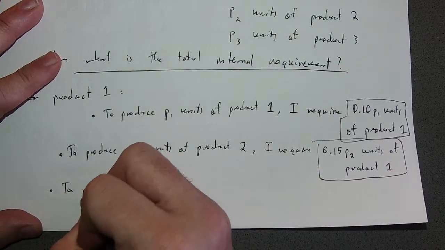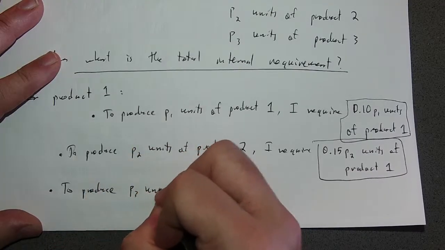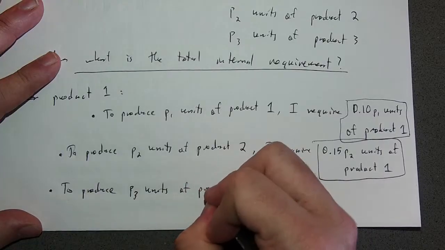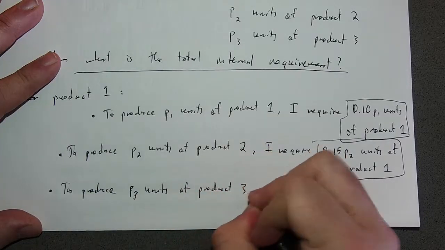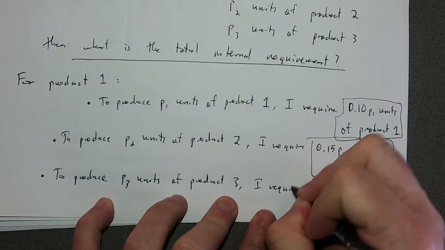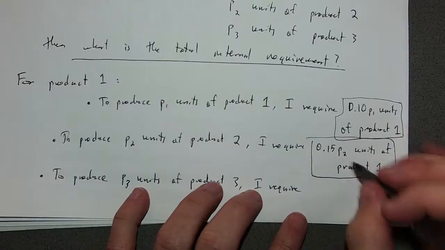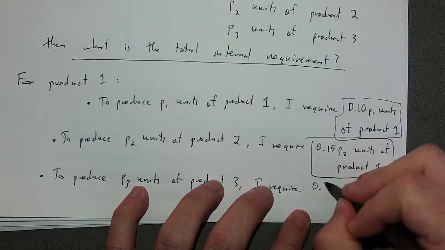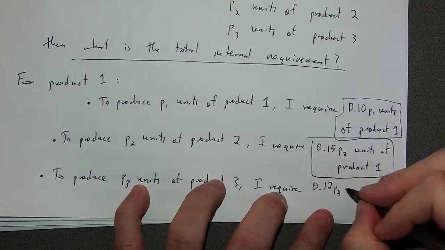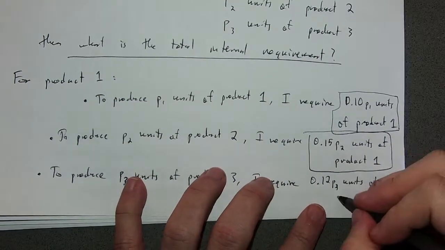And then lastly, to produce P sub 3 units of product 3, I require 0.12 times P sub 3 units of product 1.